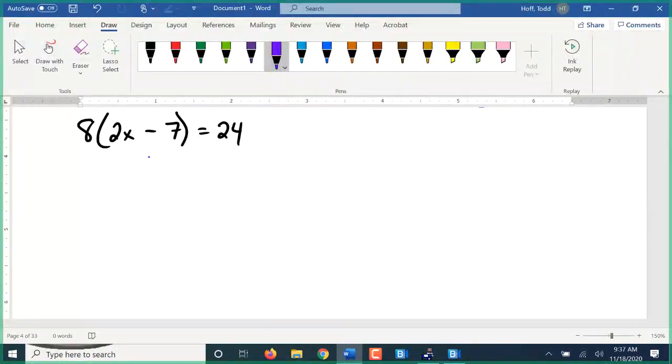Next, we should check to see if there's anything that needs to be done to the parentheses. And here it's being multiplied by 8. Now, the way that gets done, I'll write it off to the side here, 8 times 2x minus 7.